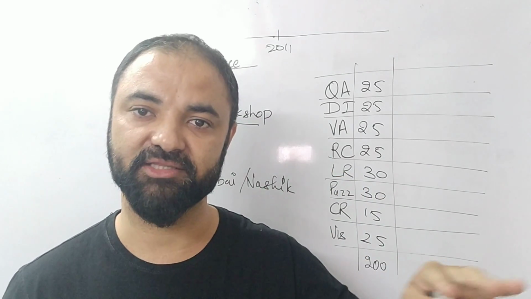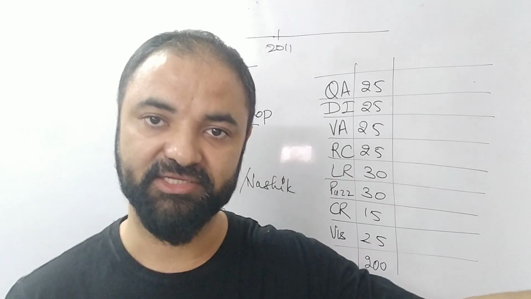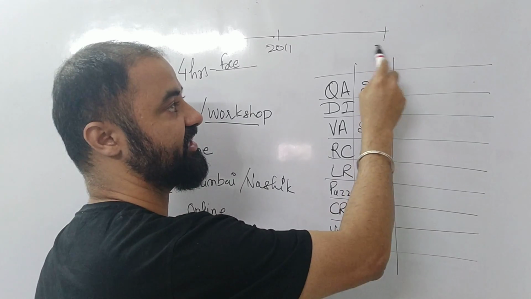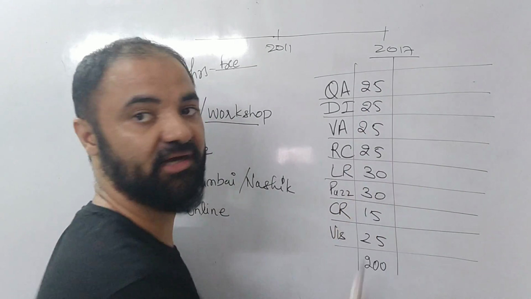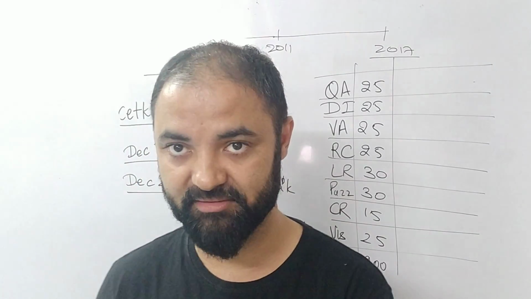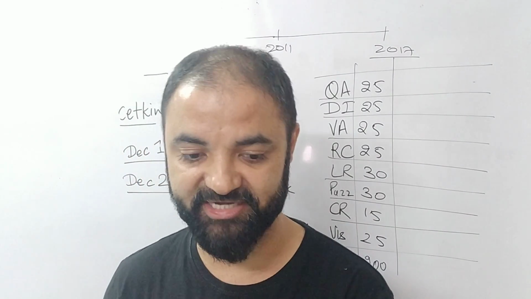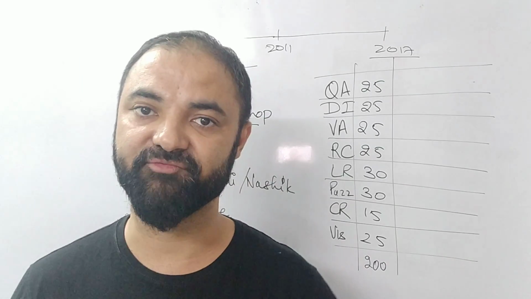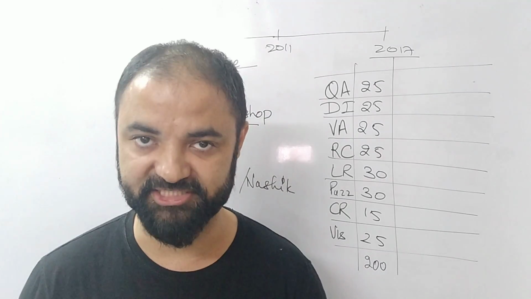Then from the 140s, the paper again started to become easy till 2015-16. Again in 2017 the paper drastically changed into a newer paper because IBPS came on board, so they drastically changed the paper in 2017. So it makes no sense to give last year papers of 2011, 12, 13, 14 because the pattern has completely changed.